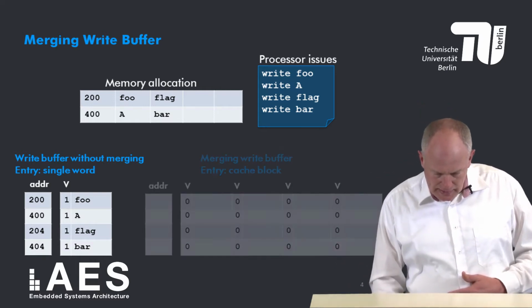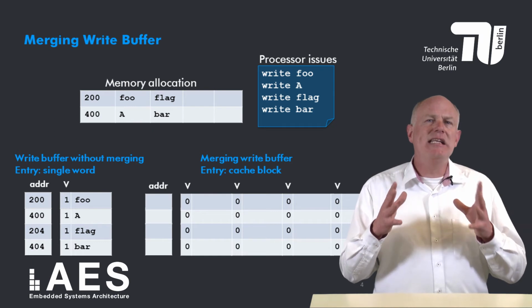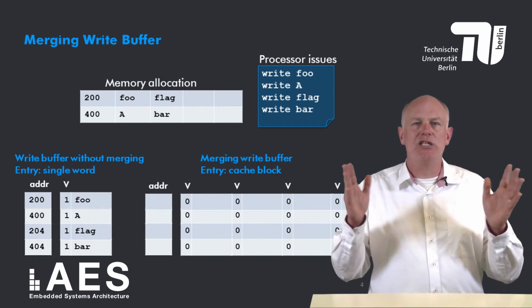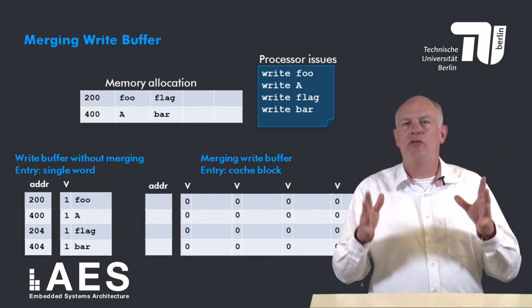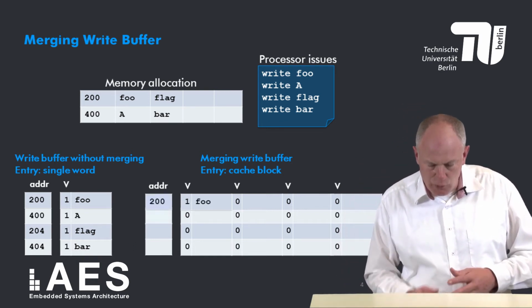On the other hand, if the core supports a merging write buffer, then each entry will correspond to a cache block, and there will be valid bits for every word in the block. Now the core writes foo.